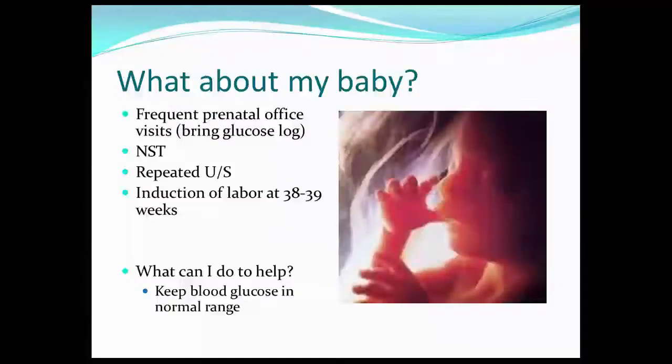And then the other thing is, if we start seeing that the baby is getting bigger than normal, we might even consider inducing you at an earlier time, sometimes between 38 and 39 weeks. As we do know from several studies, a 39-week baby does do better than a 38-week baby.